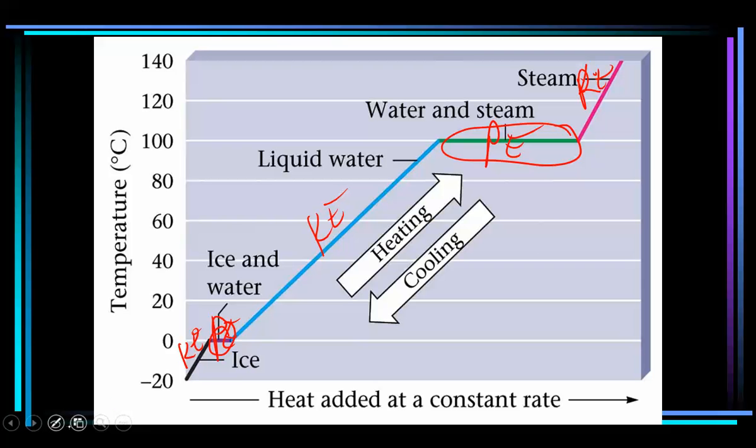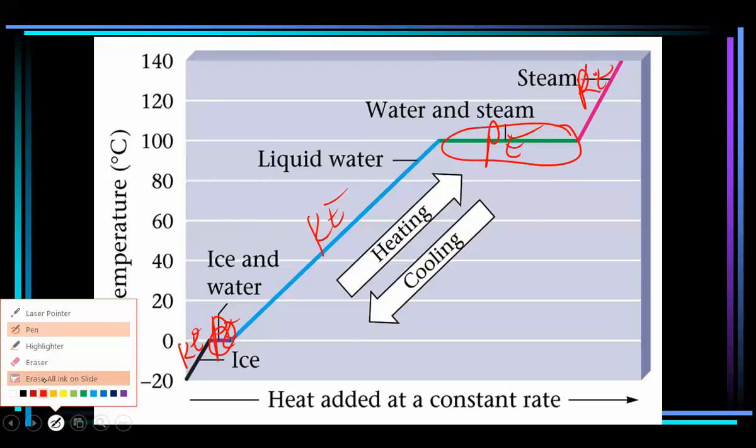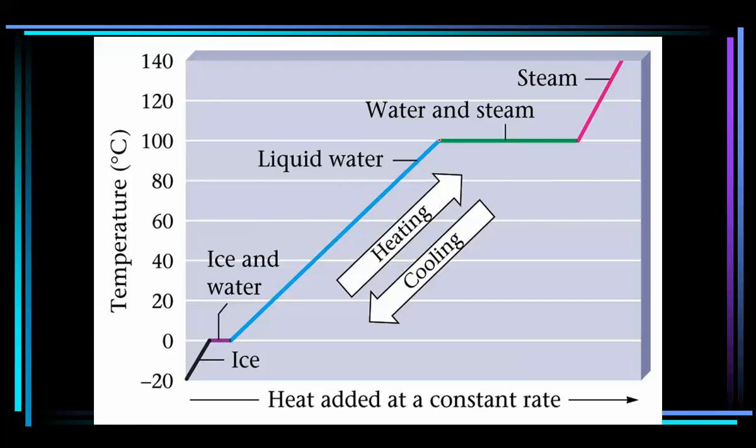Water and steam. Where on this graph does boiling take place? Water and steam. Right here. That's boiling. Where does evaporation take place? Anywhere on that line, evaporation can take place.